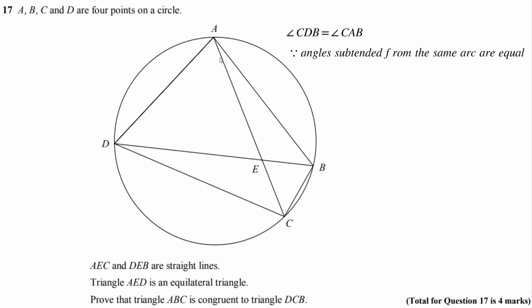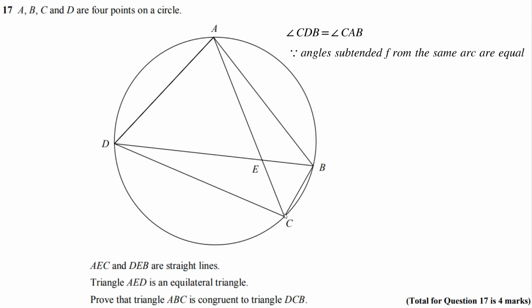Prove that triangle ABC, so this, and this, is congruent to triangle DCB. So this, and this. One way we can do that is using circle theorems. Okay, so we've got CDB is equal to CAB.